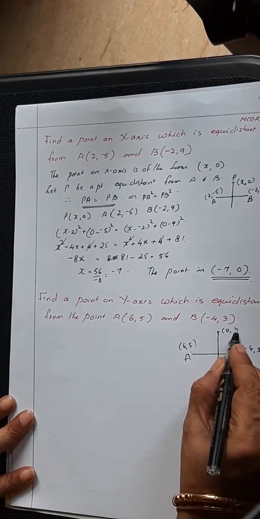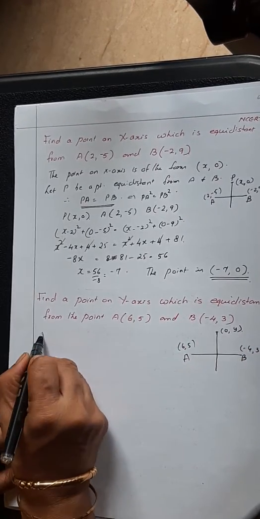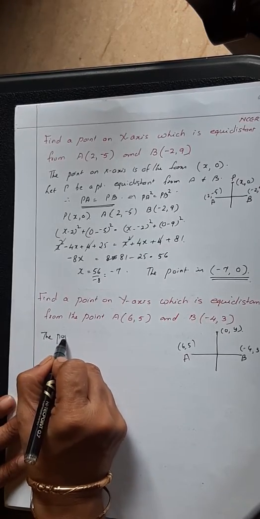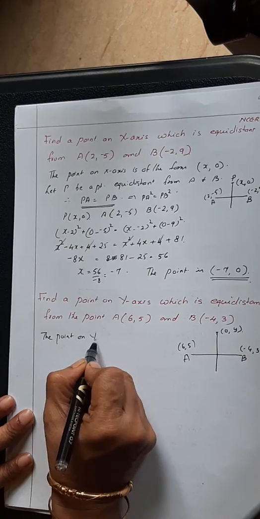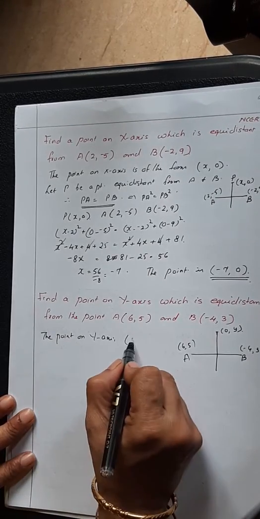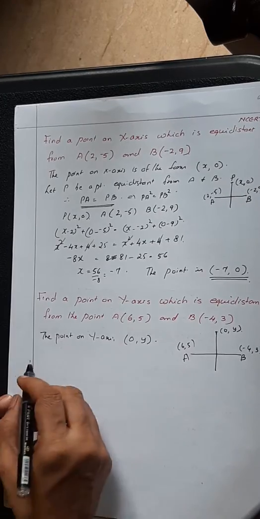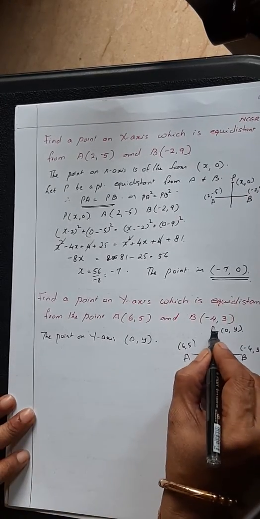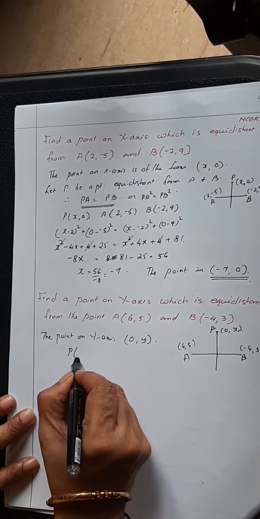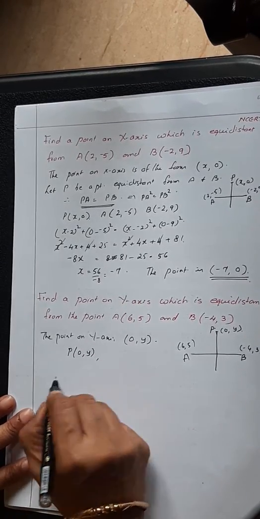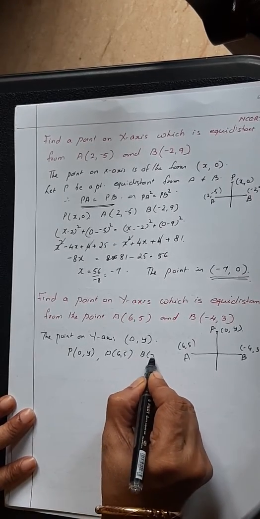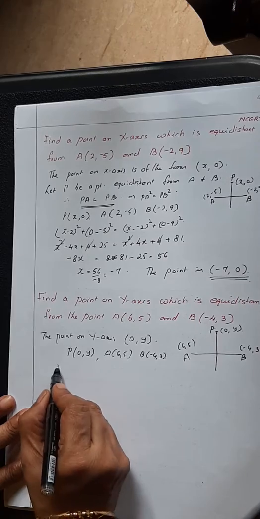So the point on the y axis is (0, y). And so point P is (0, y). A is (6, 5) and B is (-4, 3).